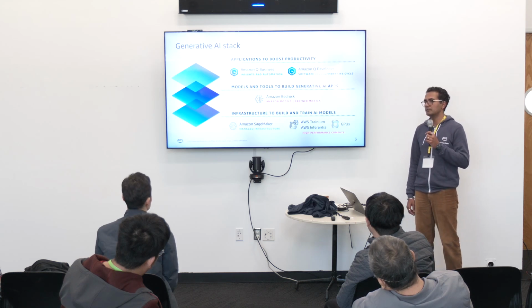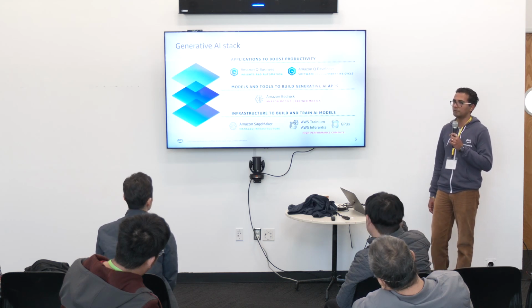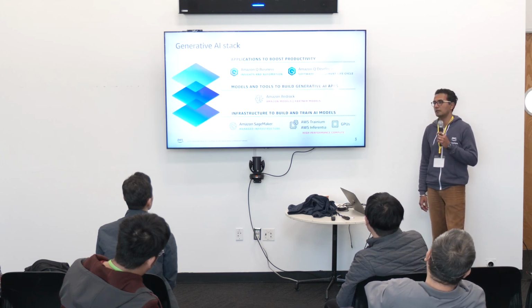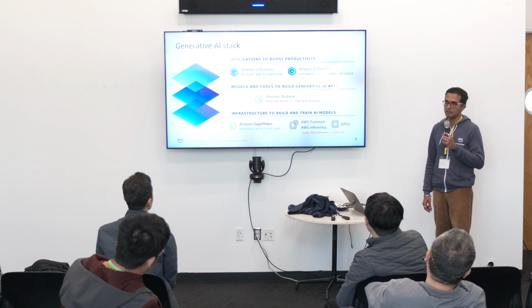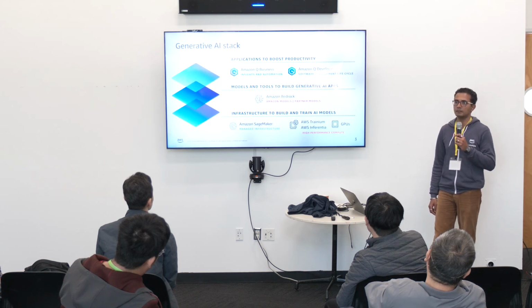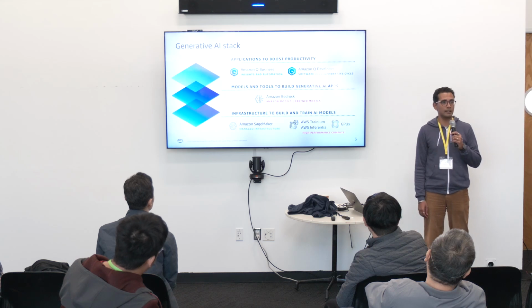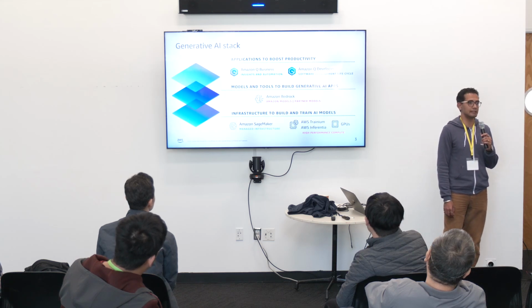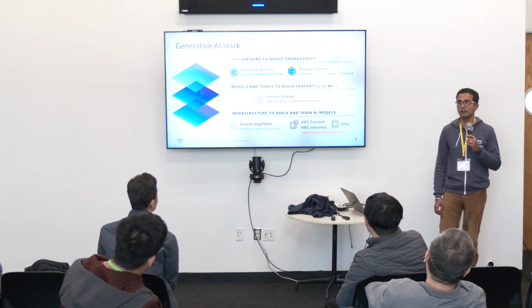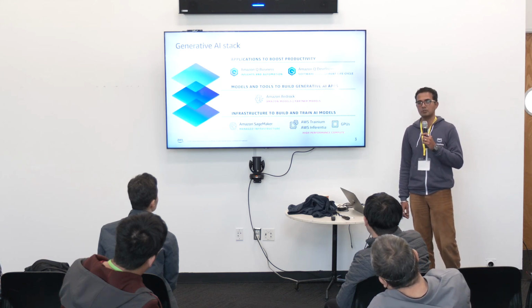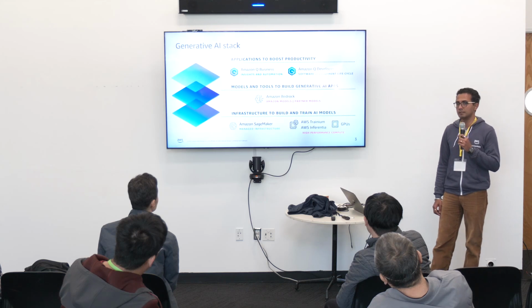It's basically the core of anything you are doing with generative AI. So customers today want to build their own models. They want freedom and different options to build their own model. Either they want to start from scratch, or they want to actually distill or fine-tune the large language models based on their use cases, based on their industry, based on their domain. And that's what this layer provides.